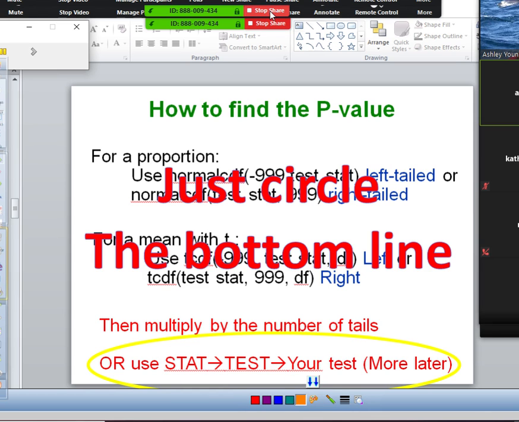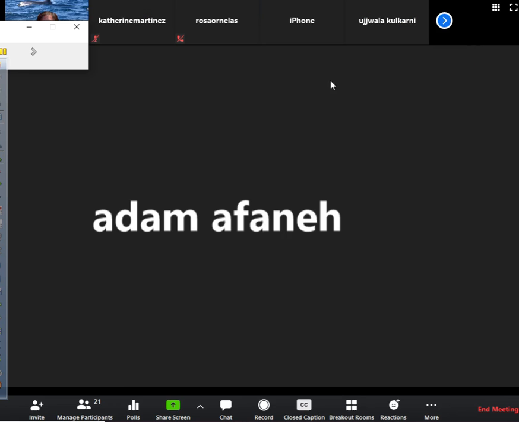So if you take a look right in here at the bottom, put a line through this part here and circle the bottom line there. Same thing here, line through the middle one and circle that bottom line there. That's the part that we care about.